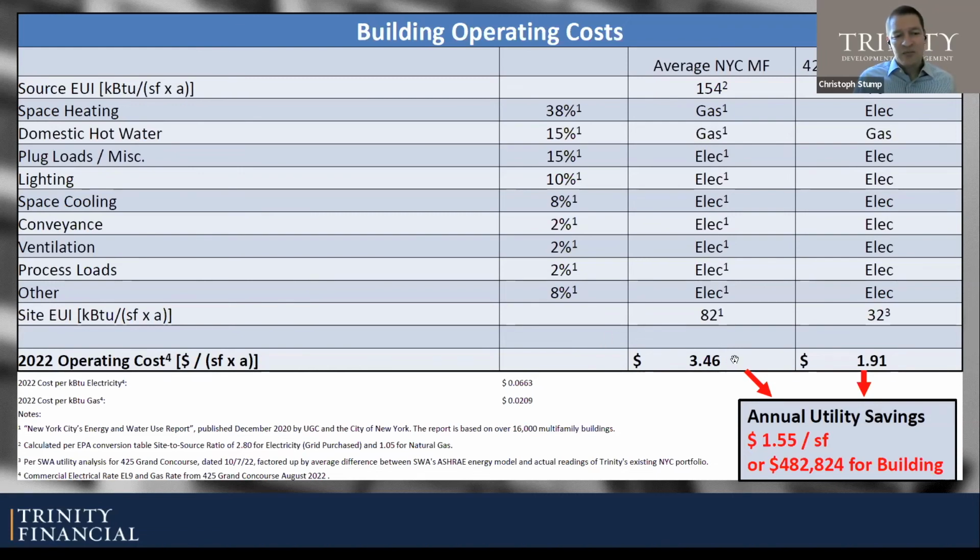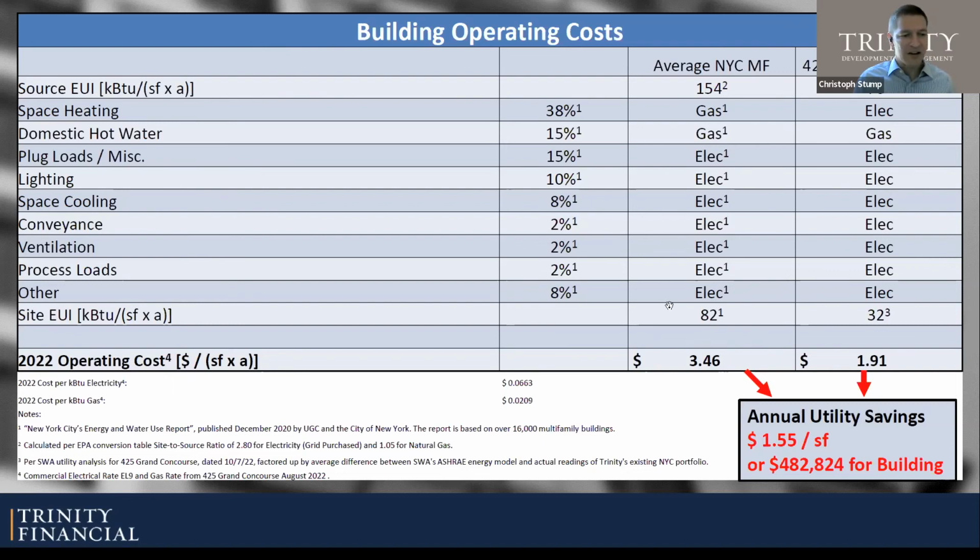In end effect, you are paying $346 for the average new construction building in the city per year, and $1.91 per square foot in year at Grand Concourse. So there's a difference of $1.55 per square foot in year that are actual utility savings that you can harness to pay for these initial expenses.